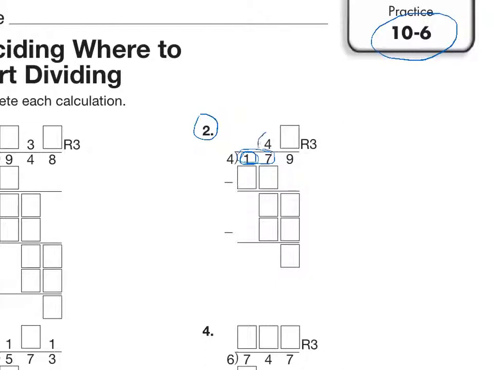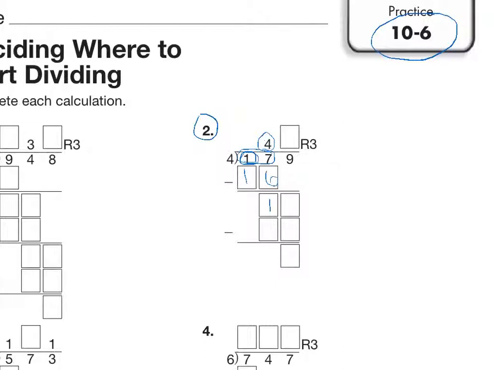Well, they've already done that for you up here at the top. 17 divided by 4 is 4. Now that just means that if I make 4 groups of 4, I would have 16 total. I'm going to write that and subtract that from my 17. 4 times 4, 16. 17 minus 16 is 1.